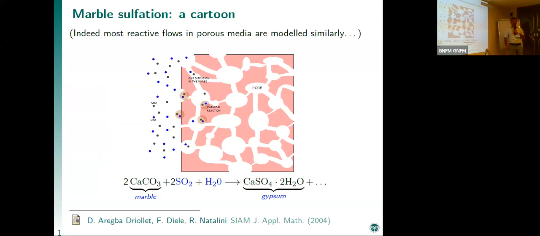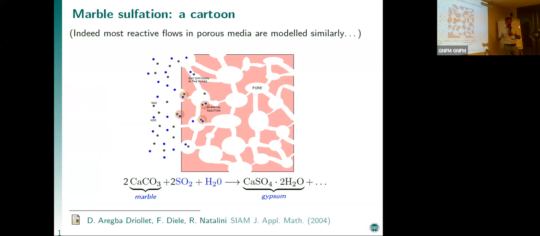I'm really talking about marble sulfation, but as Natalia explained on the first day, the equations describing the sulfation of marbles are just an example of many models involving reactive flows in porous media.